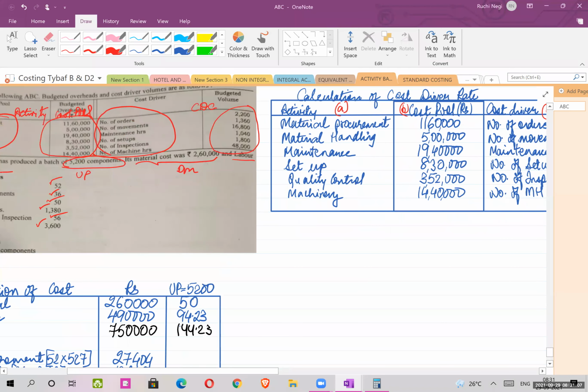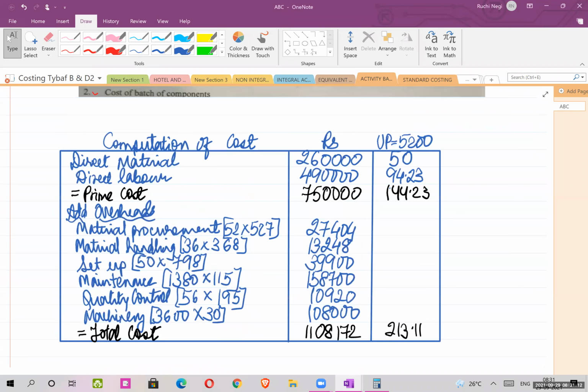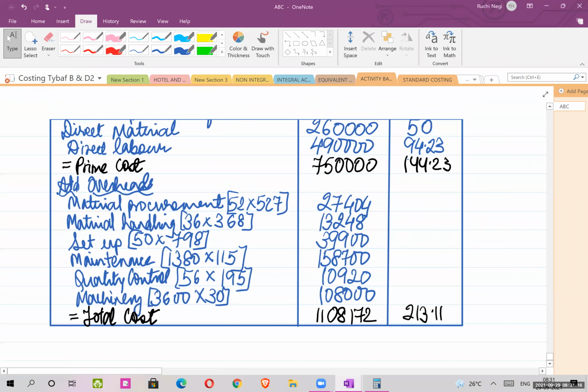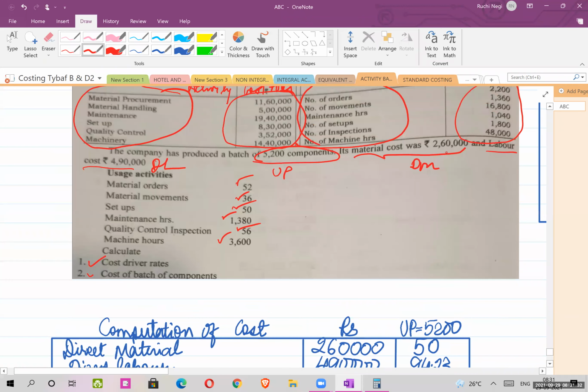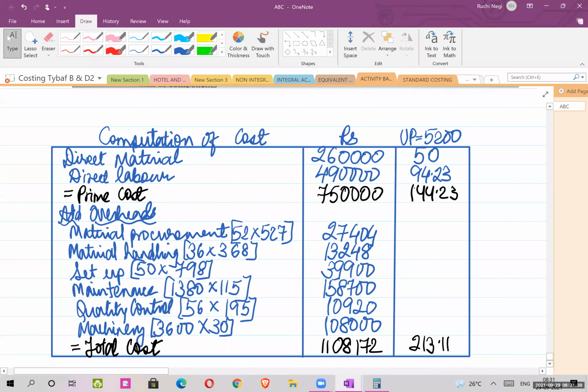So next, we'll move on to this computation of cost. So how are you going to compute your cost? Material is given to you. Direct cost plus indirect cost, correct? So direct cost, I have direct material and direct labor, which is mentioned here: 2,60,000 and 4,90,000. And units produced is also mentioned, 5,200.